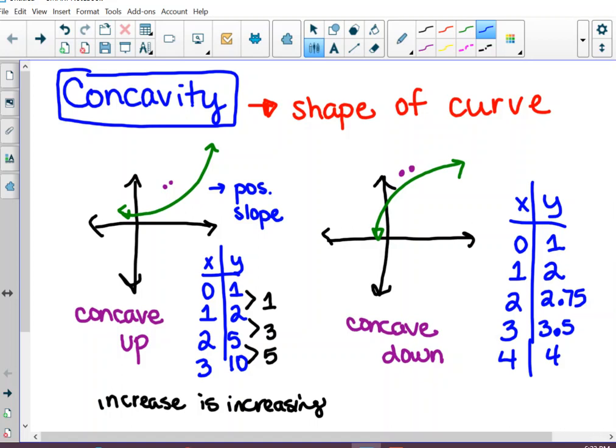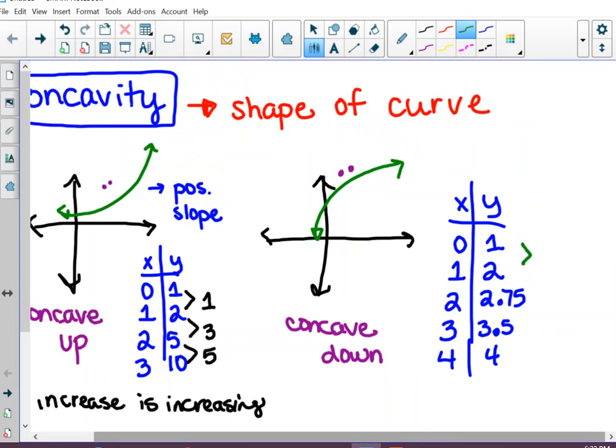And so you're like, well, what's going on there? Well, the y's are still getting bigger. But let's look at by how much they're getting bigger. Bigger by 1, bigger by 0.75. I actually made this the same, 0.75. And then bigger by 0.5.